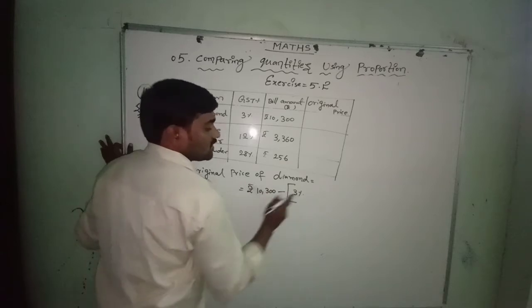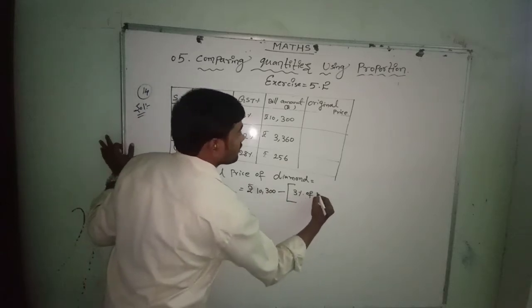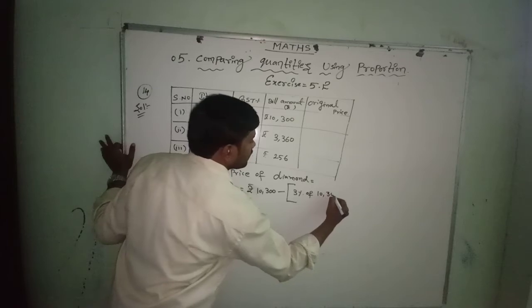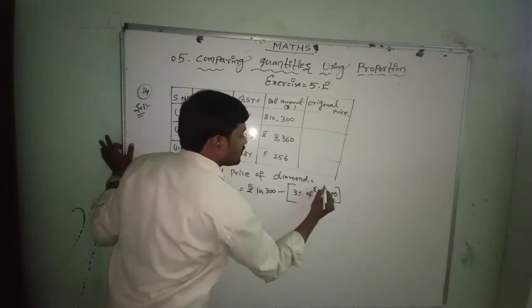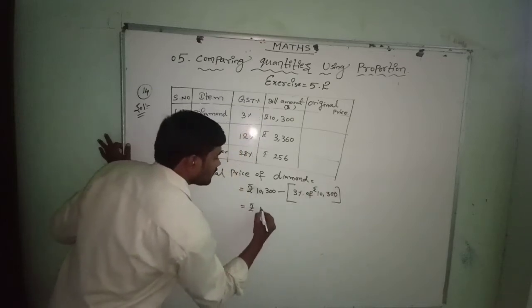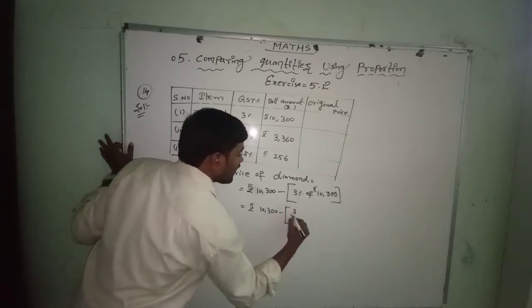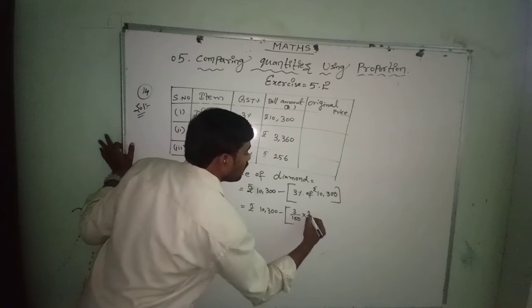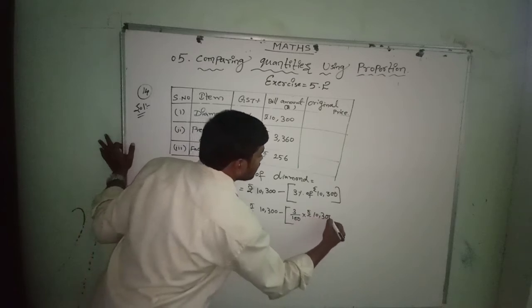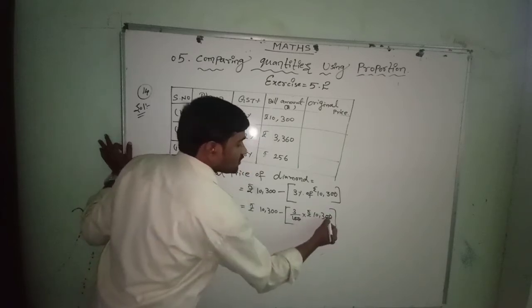So without GST, now 3% of 10,300 rupees. Let us find out rupees 10,300 minus 3 by 100 into rupees 10,300. Two zeros get cancelled.